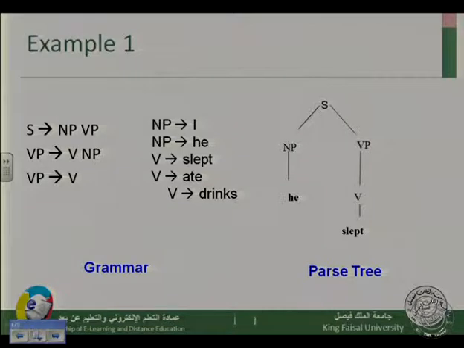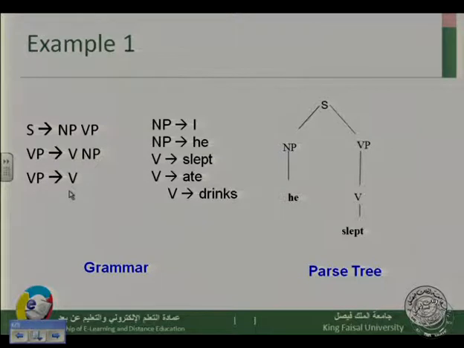You give the computer this code. You tell the computer that a sentence consists of noun phrase and a verb phrase, and then you define the verb phrase for the computer. A verb phrase is a verb and a noun phrase, or it can be only a verb.